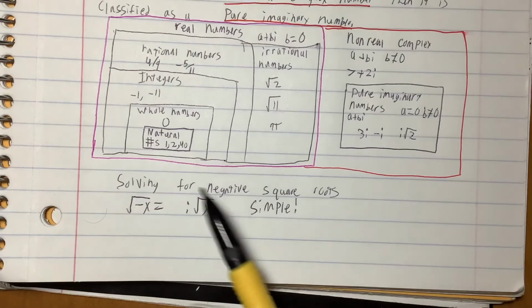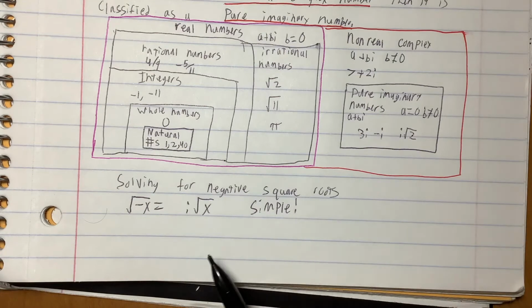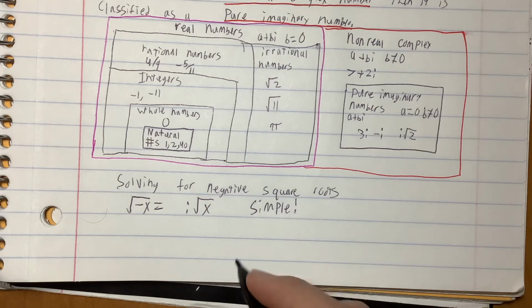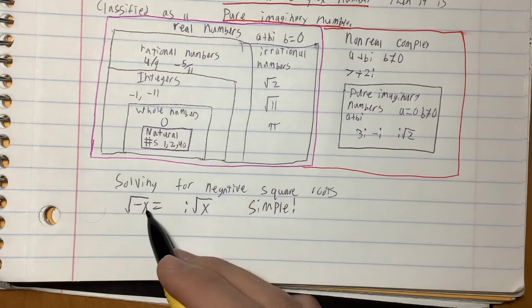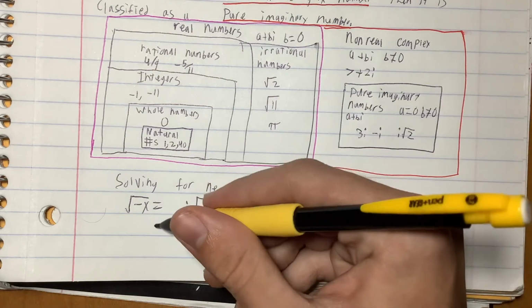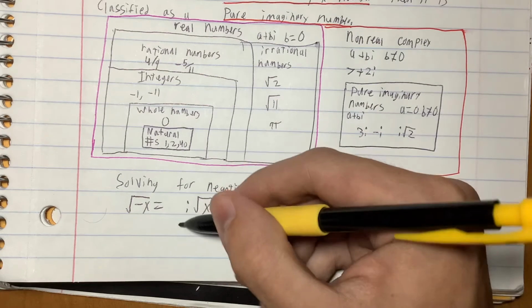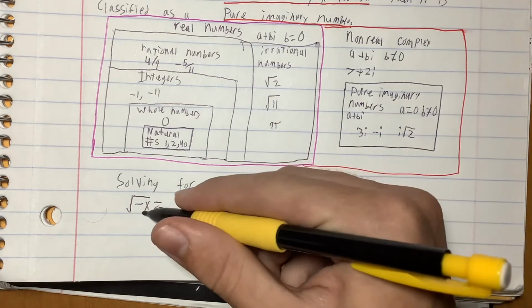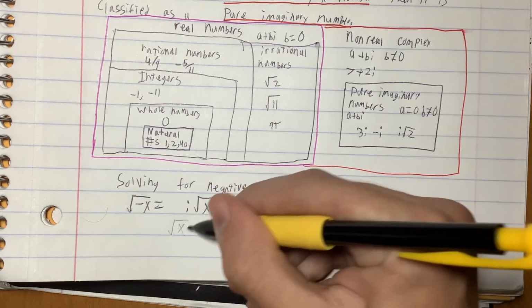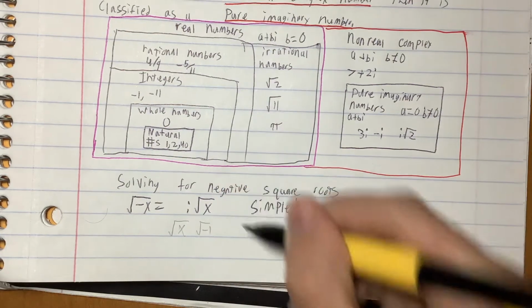So now we'll solve for negative square roots. To solve for negative square roots, the square root of -x will equal i square root of x. This is simple, okay? So when we have square roots, anything multiplied inside the square root, okay, so the square root of -x will essentially equal the square root of x times the square root of -1.